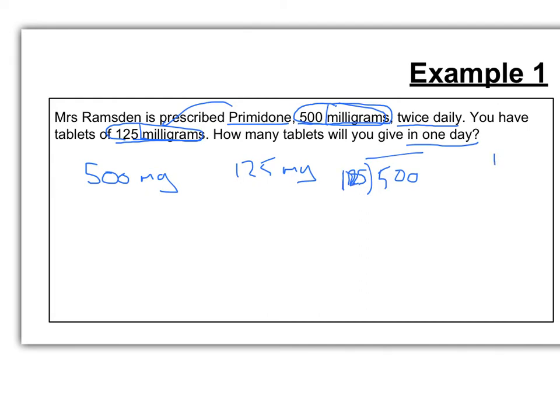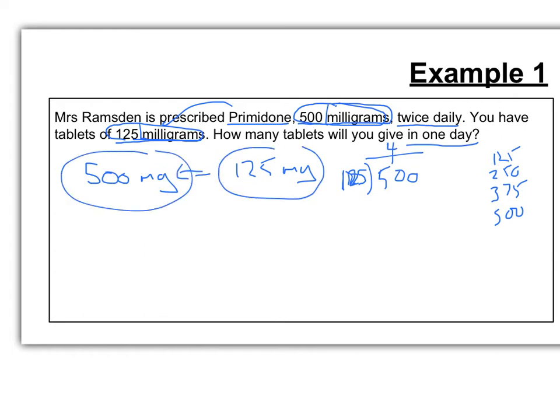And that would be, of course, 125, 250, 375, 500. So it's 4. So there's four 125s in 500. In other words, what that means in English is it will take 4 tablets of 125 milligrams to give the patient the 500 that they need.